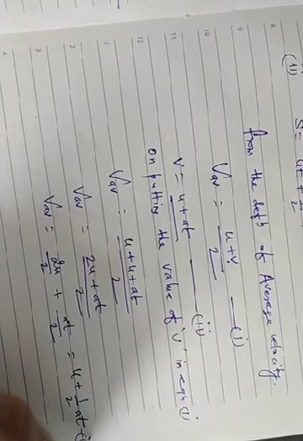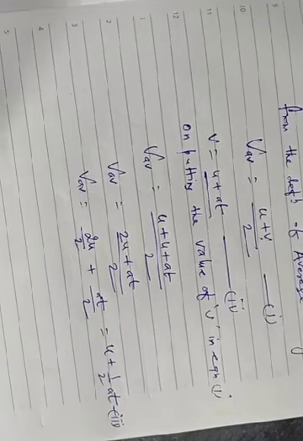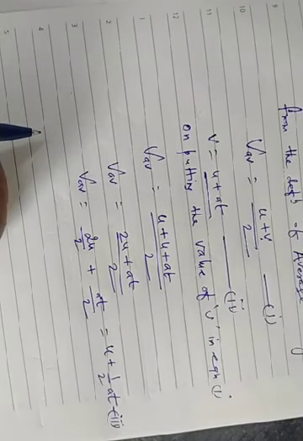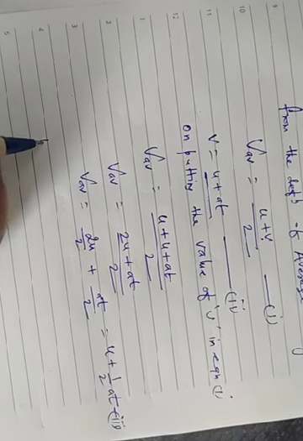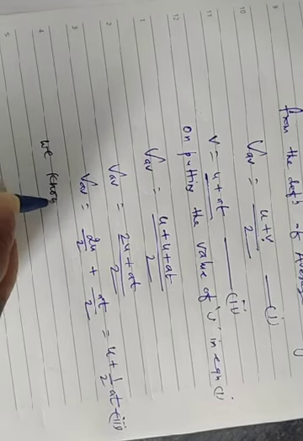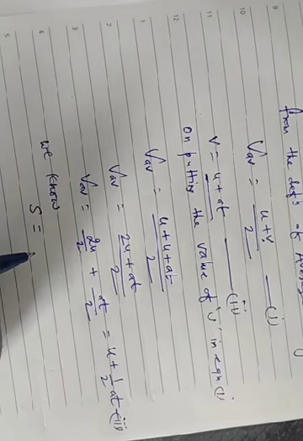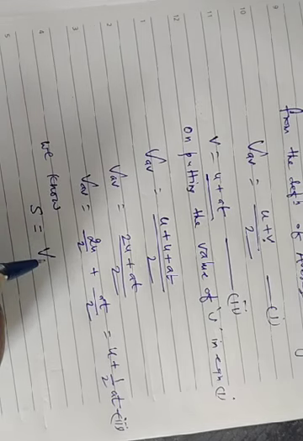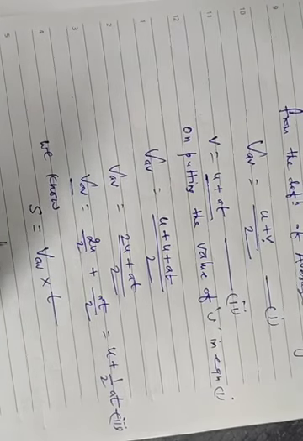Equation number 3. Alright. Now what is the formula for distance or displacement? We know that distance or displacement equals speed into time or velocity into time. So here the velocity is V average into time.